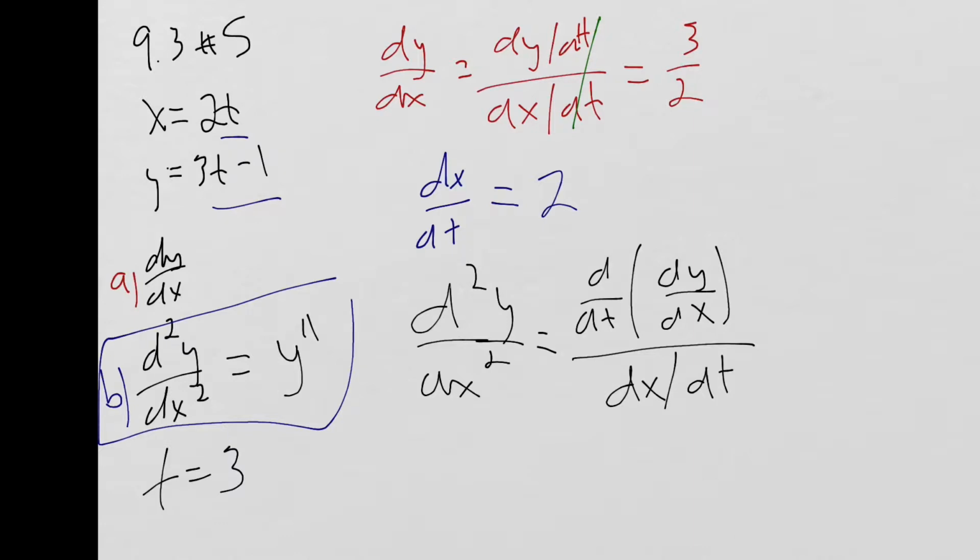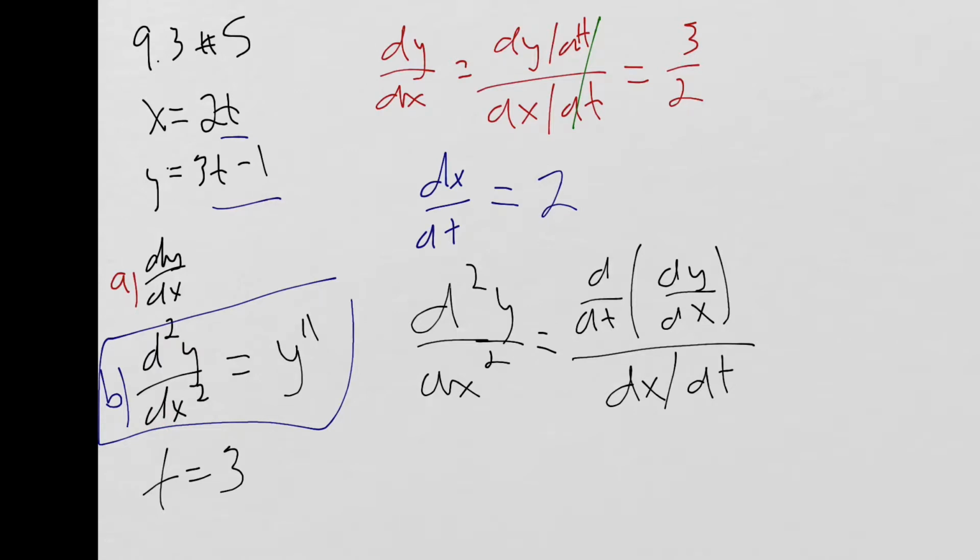Now there's all kinds of different ways that we can talk about why that's true. I had you guys watch a Khan Academy video, so I think that he did a good job explaining that. You could also think about it as the dt's cancel here, and then this dx will wind up here. So it would be d over dx of dy/dx, and then that is this thing right here.